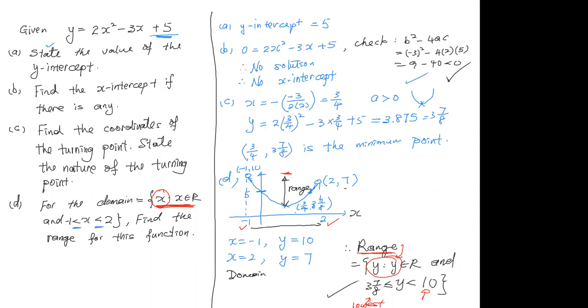When x increases from -1 to 2, the lowest possible value for y is 3 and 7/8, and the highest possible value for y is 10. So it swings between these two values. That's it. Okay?